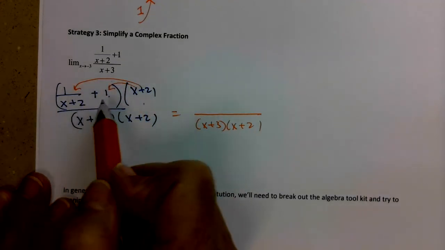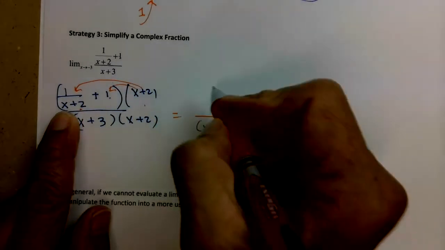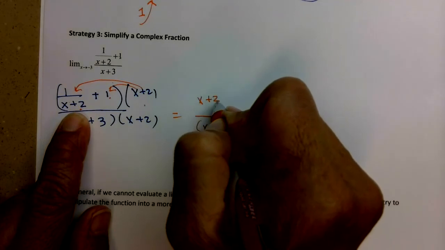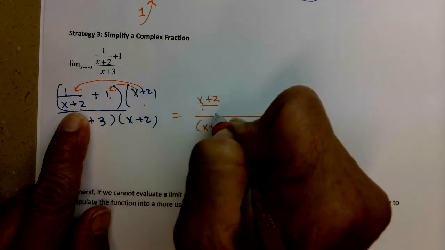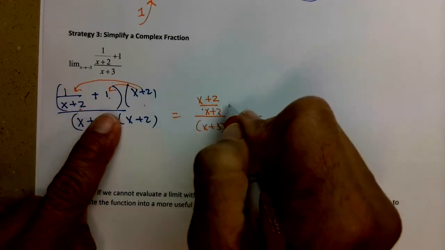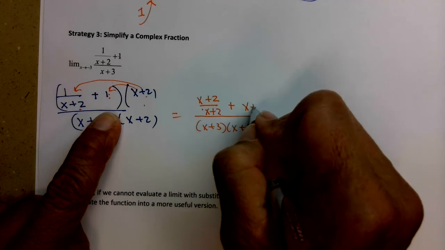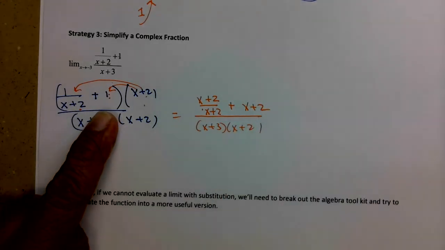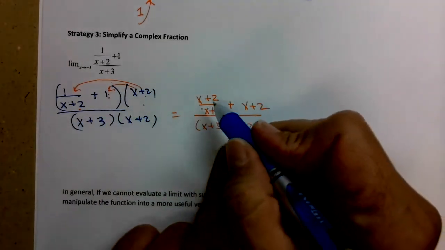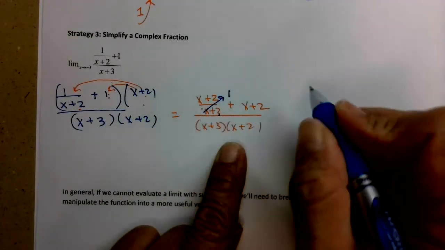So when the x plus 2 multiplies the fraction, that's the x plus 2 we brought in, and the x plus 2 denominator that started. And then I have x plus 2 times 1, so that's just an x plus 2. Well, x plus 2 over x plus 2, that's just 1.